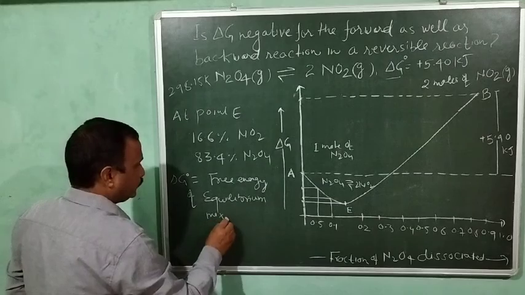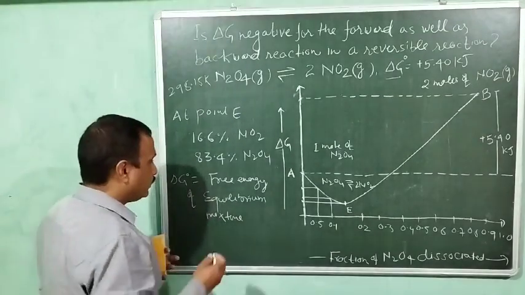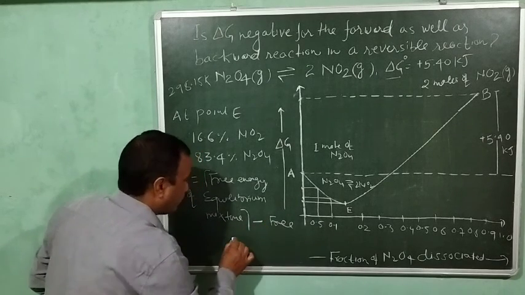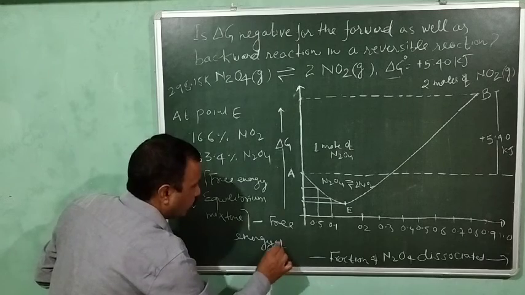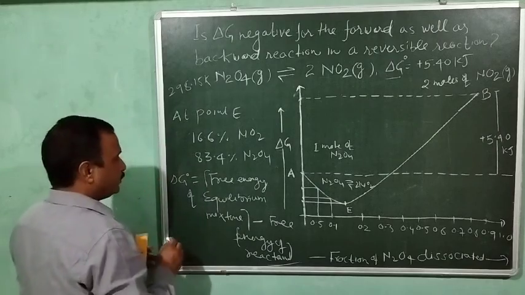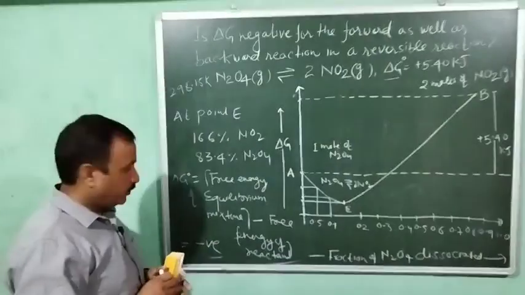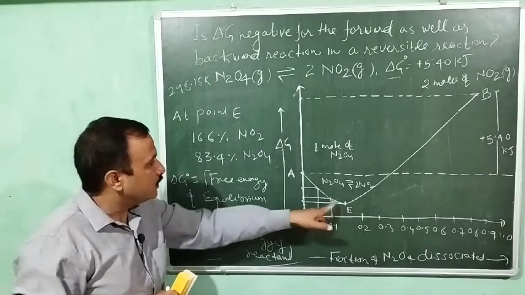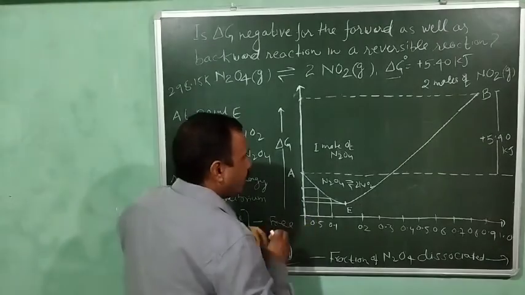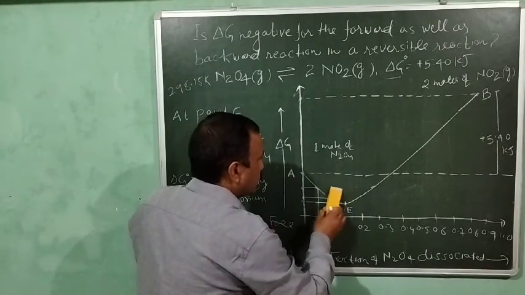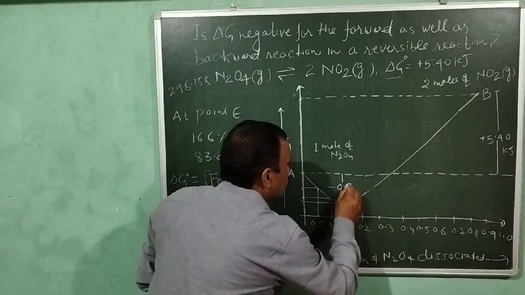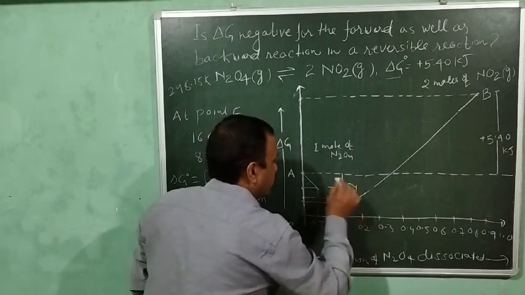ओके, क्योंकि ये एक तरह से प्रोडक्ट बिहेव करेगा हमारा ये फ्री एनर्जी ऑफ इक्विलिब्रियम मिक्सचर माइनस फ्री एनर्जी ऑफ योर रिएक्टेंट, एंड दिस विल बी नेगेटिव. और ये नेगेटिव क्यों होगा? क्योंकि ये फ्री एनर्जी कम है और ये फ्री एनर्जी ज़्यादा है. ठीक है, and the free energy change of this reaction is minus 0.84.